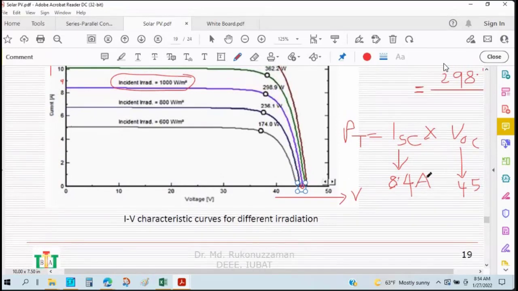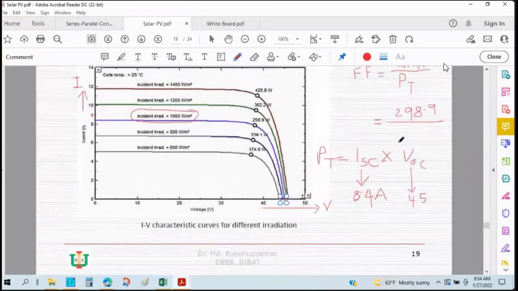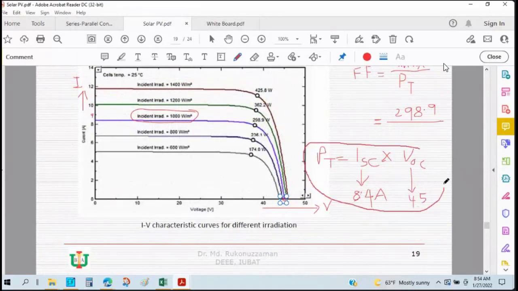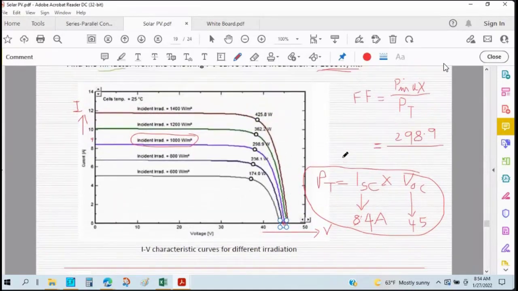So is it possible for us to calculate the fill factor now? Yes, sir. We know the value of theoretical power, I mean the maximum power that we can get theoretically from the solar panel. It will be like this one, 8.4 times 45.